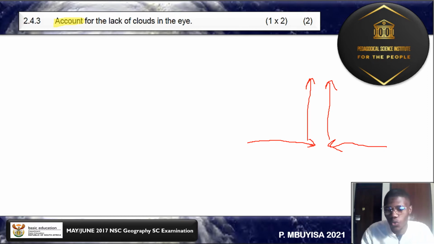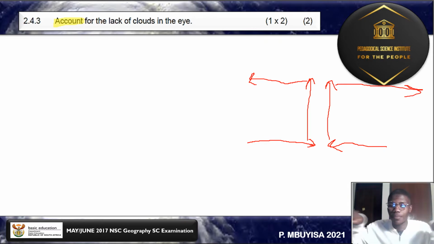And why does it cool down? It's because the higher you go, the colder it becomes. And as a result, by the time it gets to the top of our atmosphere, it is going to be cold air, and cold air always diverges. So it's going to diverge. Diverge means going in the opposite direction. Diverge means dividing. So it divides or goes in opposing directions.